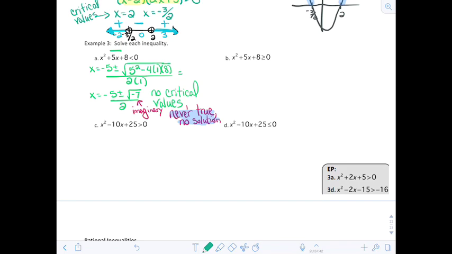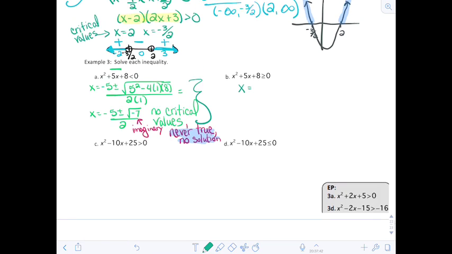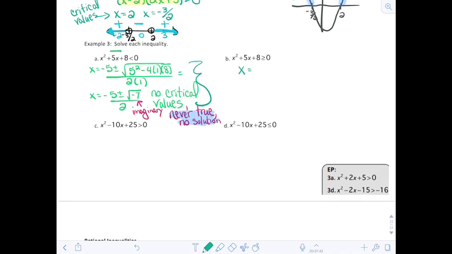So what we know to be true, we've already done the math on that, so we know that x is going to equal negative 5 plus or minus the square root of negative 7 all over 2. So if there are no critical values, again, these are just our critical values.